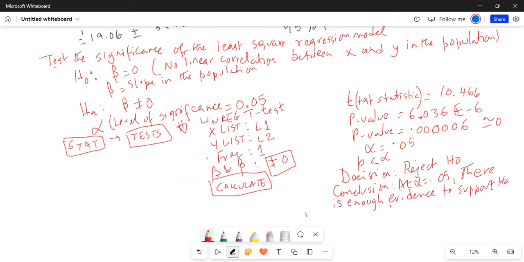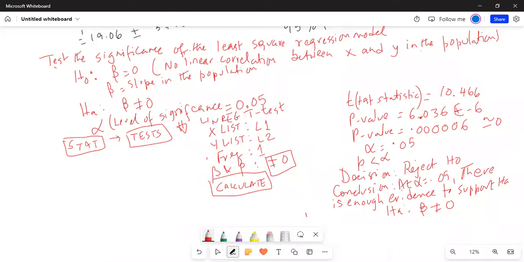What is HA? HA is rho not equal to 0, beta not equal to 0. Okay, so test the significance. We have tested the significance, found that we reject the null hypothesis of slope equal to 0 and support the alternate of beta not equal to 0 in the population. That's the end of it.